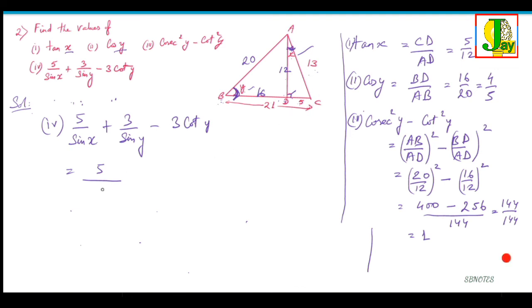Okay, so 5 by 13 plus 3 divided by sin y. Here also sin y means opposite by hypotenuse. Opposite is AD and hypotenuse is AB. AD by AB, that's 12 by 20.